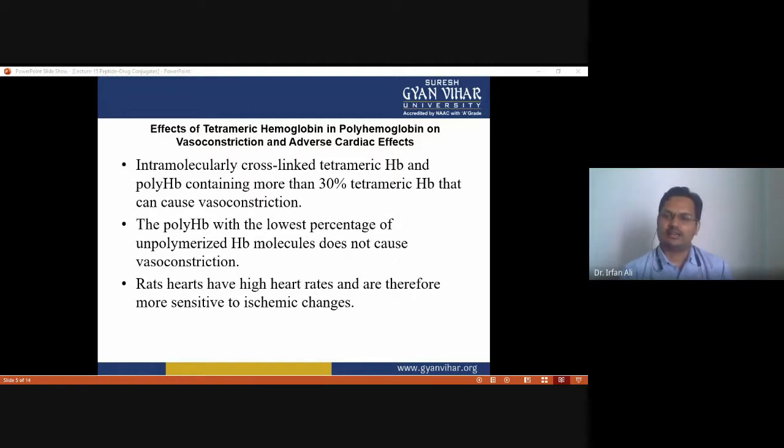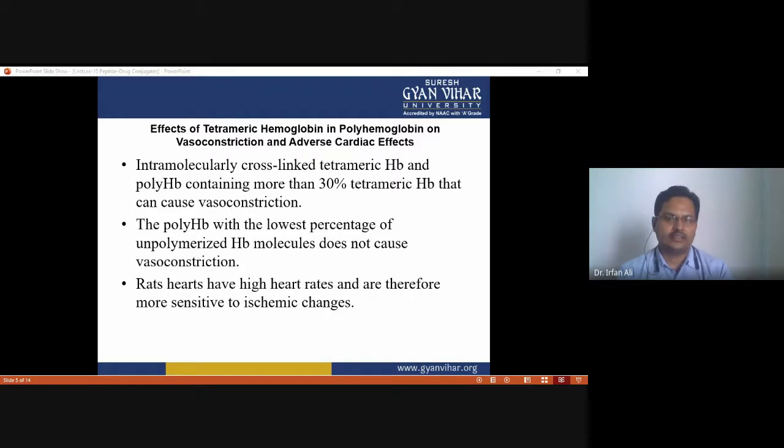The result is constriction of blood vessels and other smooth muscle, especially those of the esophagus and the gastrointestinal tract, which has to be examined. To test this, the researchers prepared polyhemoglobin containing different percentages of polymerized hemoglobin molecules using the same glutaraldehyde cross-linking, and characterized them to ensure that they all have the same oxygen affinity.